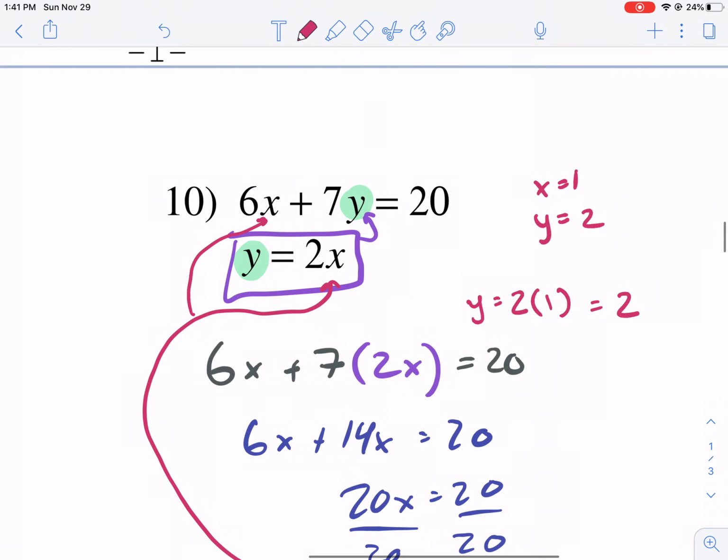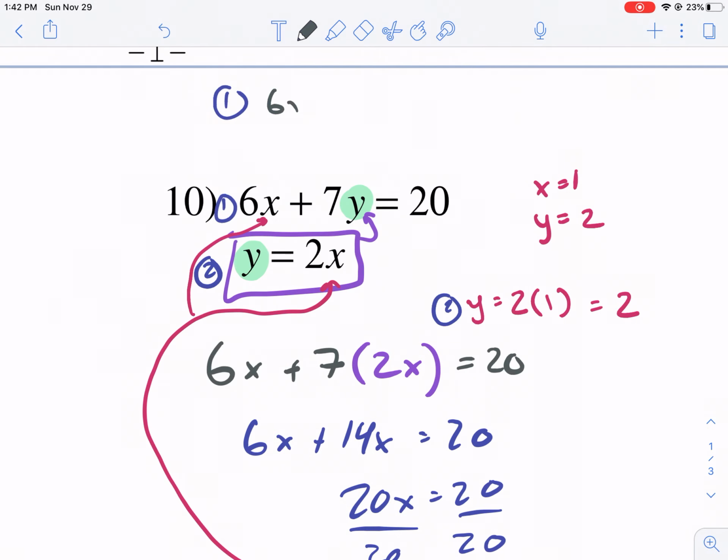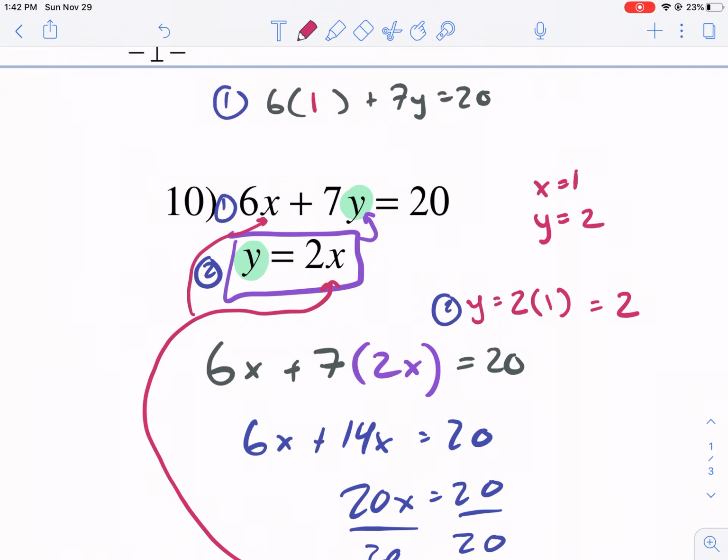Let me show you how you can do it in the first equation. Remember how I labeled these? Equation 1, equation 2. So we plugged it into equation 2. Let me show you how you can plug it into equation 1 and get the same thing. So we have 6. I need to erase that. I'll show you in a second. I'm going to be replacing that. 7y equals 20. And I already knew that x equals 1. So I have 6 plus 7y equals 20. Subtract 6, subtract 6.